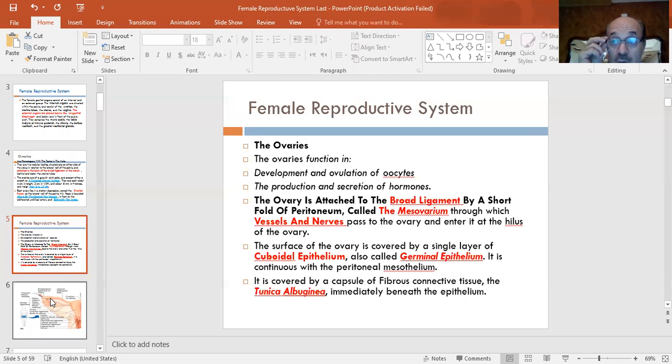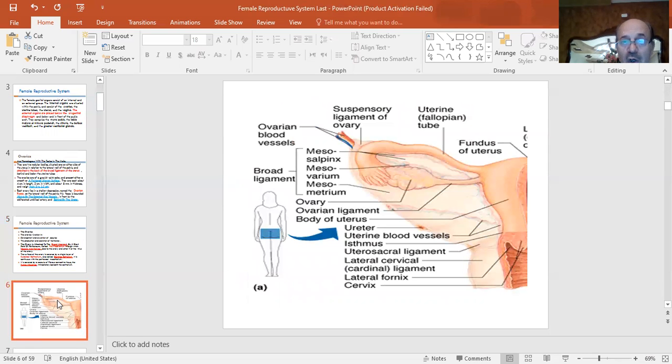The membranous covering of the ovary is also fibrous connective tissue, the tunica albuginea, which is similar to that present in the testicles in the male. So here you can see in the picture the ovary, the ovarian ligament, and the broad ligament that will bind the lateral aspect of the uterus also. You see the mesoovarium. So these are the important parts of this picture.